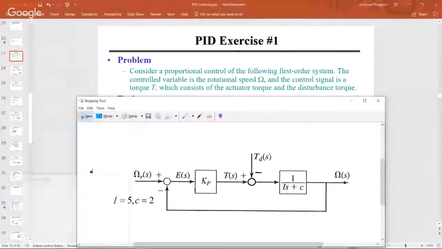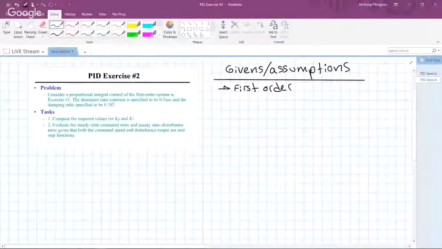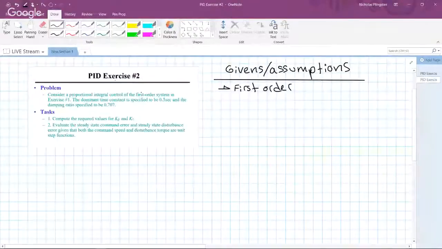So I will take that and I will drop it in here. Well, hold up before I do that. I'll read a little bit more into it before I drop the block diagram into the page. So it says consider a proportional integral control. It says integral control.